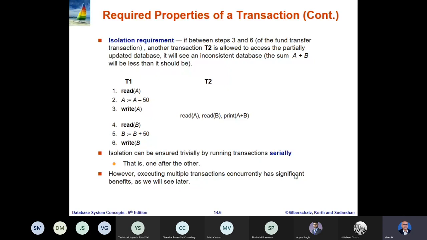It will not be only two; there will be maybe hundreds of transactions going on. So how can the database management system ensure that in spite of concurrent execution, the isolation property is maintained? That is something that we have to see.